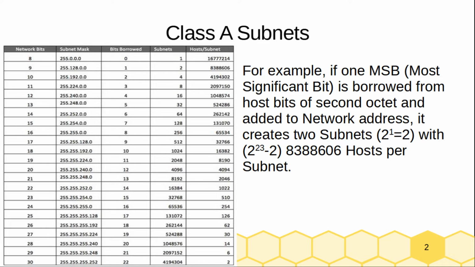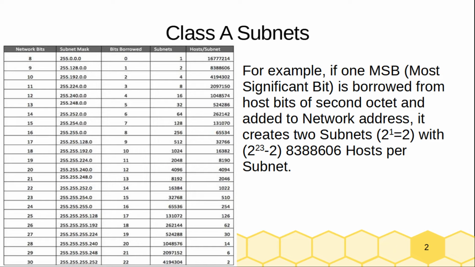If the network bits are 9, the subnet mask will be 255.128.0.0, the borrowed bit will be 1, the subnets will be 2 and the hosts per subnet will be 8,388,606. As we can see, the network bits increase by 1, 8, 9, 10, and the subnet mask changes according to the network bits, so we can calculate the subnets and the hosts per subnet.